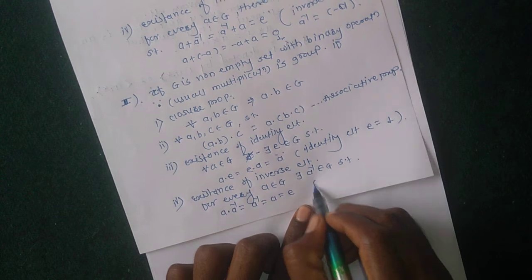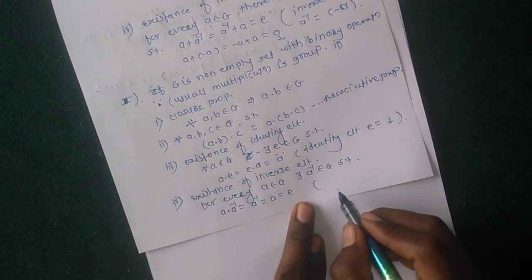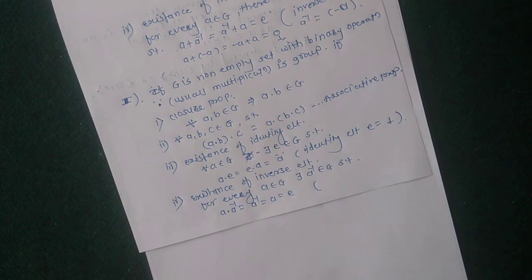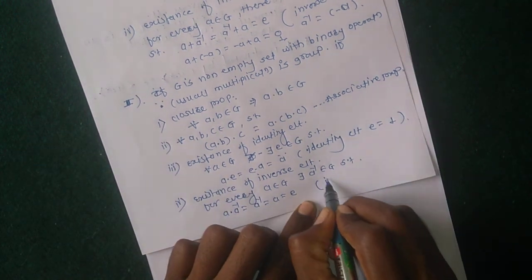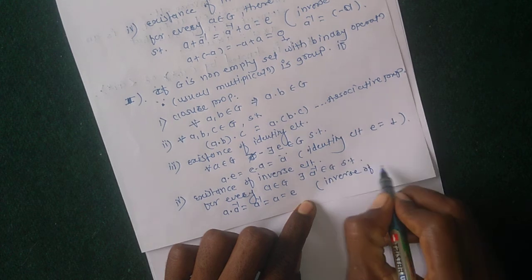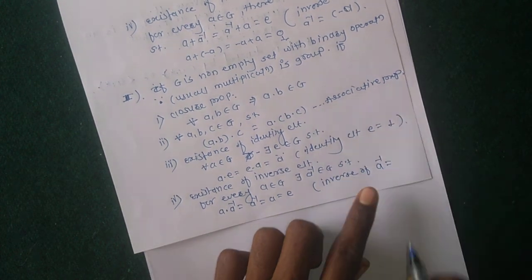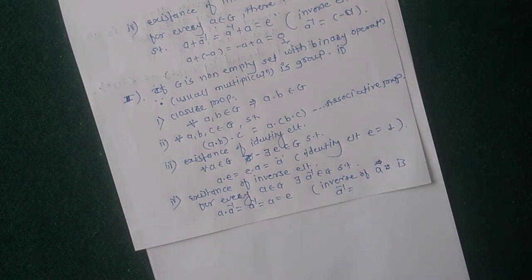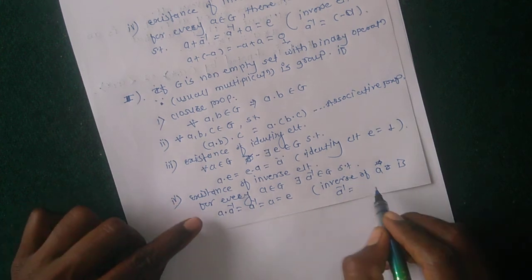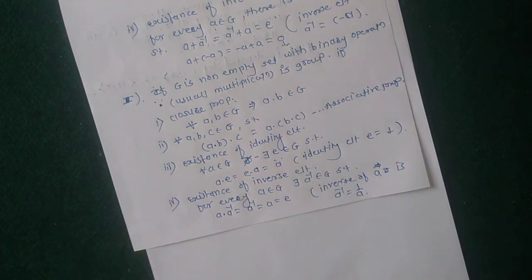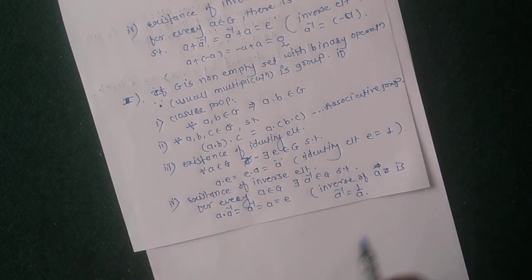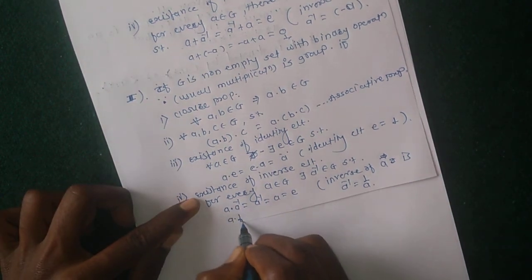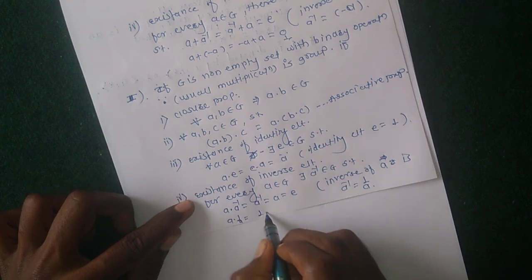Here identity is 1, so the inverse of a is a inverse equals 1 upon a. When the binary operation is usual multiplication, the inverse element of a is 1 upon a, because a into 1 upon a equals 1, the identity element.